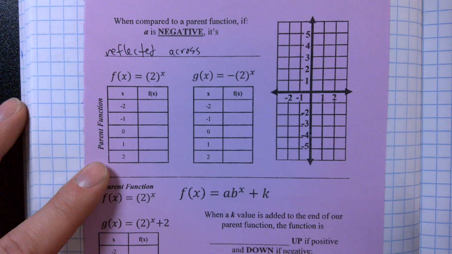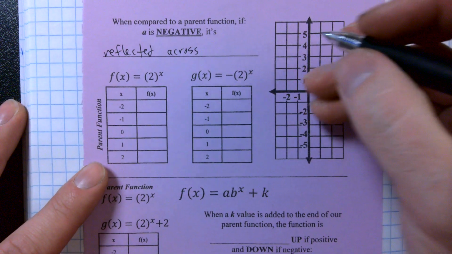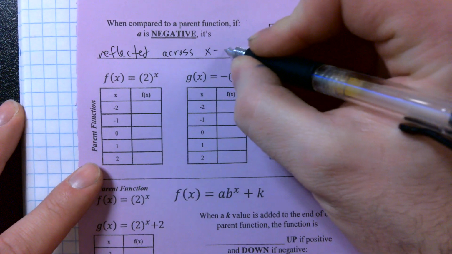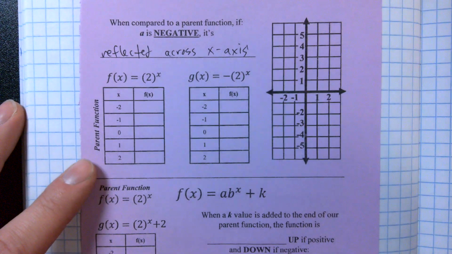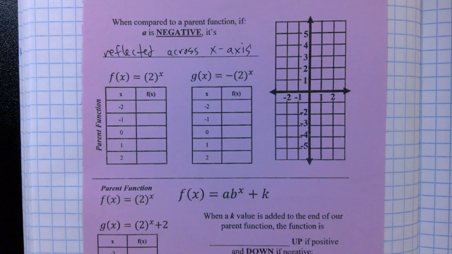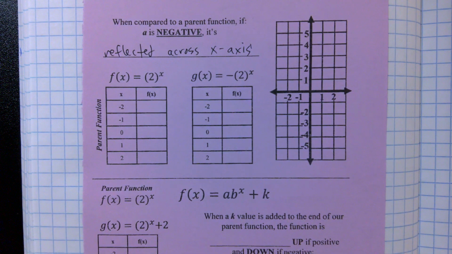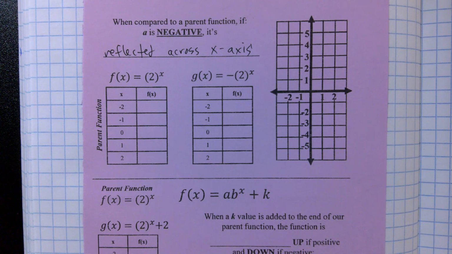What are we reflecting it across? That's right. Same as before. If my a value turns negative, I'm now reflecting it across the x-axis.